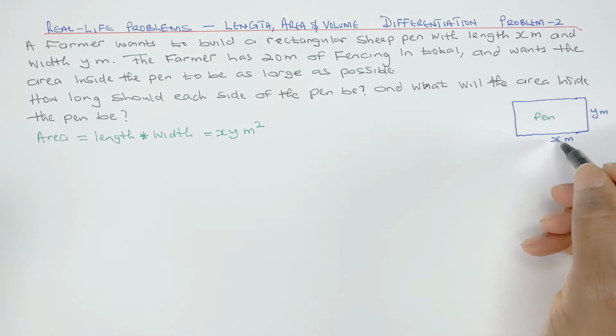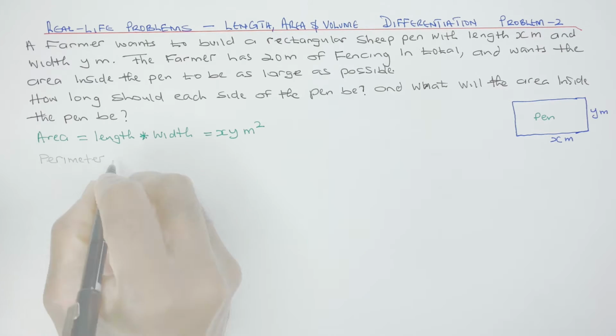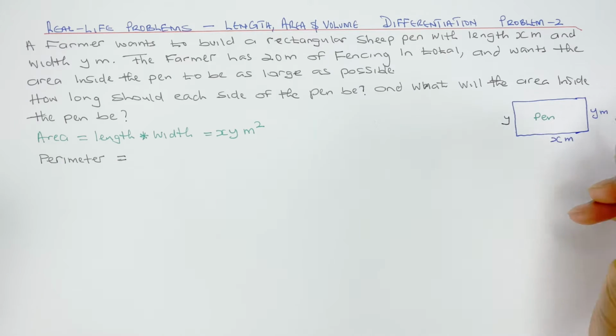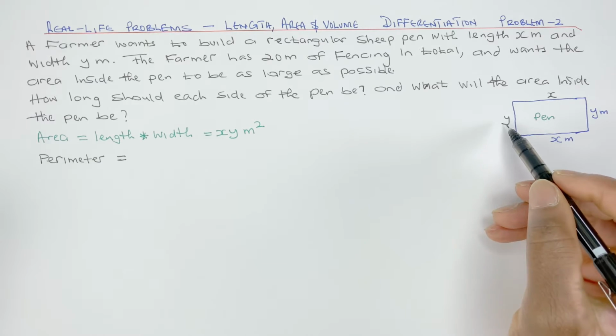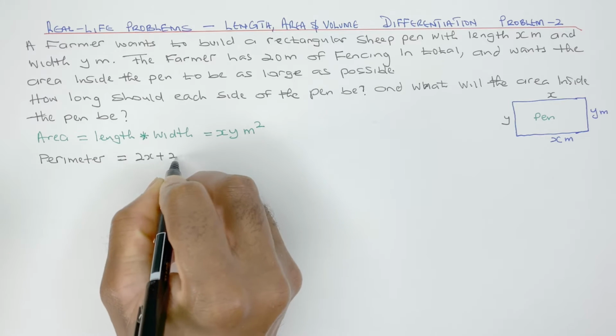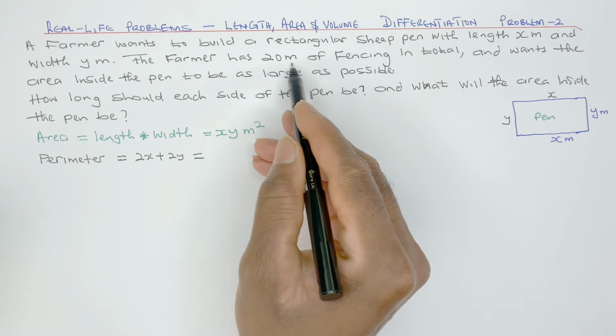So let's work out the total perimeter of the pen. Well, this is y and this is x, so that will be 2x plus 2y, and that should be equal to 20 meters.